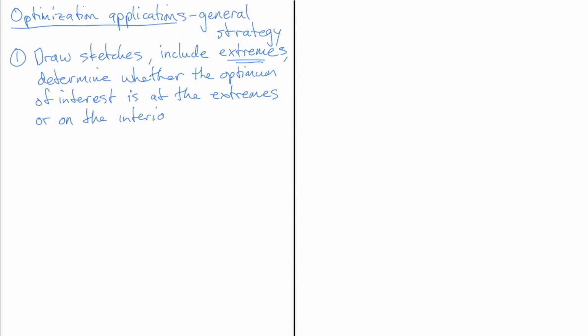It's always useful to build as much of an expectation as you can for what the answer could be. If you think it's going to be on the interior, is there a symmetric argument where you expect the middle of some interval to hold the optimum, or is there some reason to think it's going to be different? The more expectation you can build before you even start, the easier it'll be to check that your answer in the end makes sense.